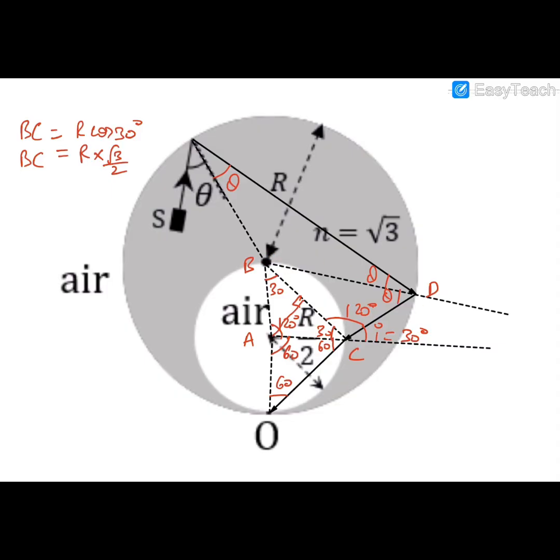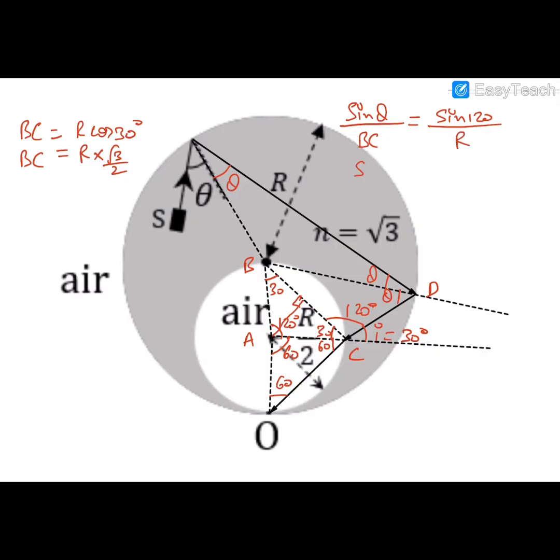So according to sine law, sine theta upon this length BC will be equal to sine 120 upon this length BD, and this length BD will be R, obviously, radius of the bigger sphere.